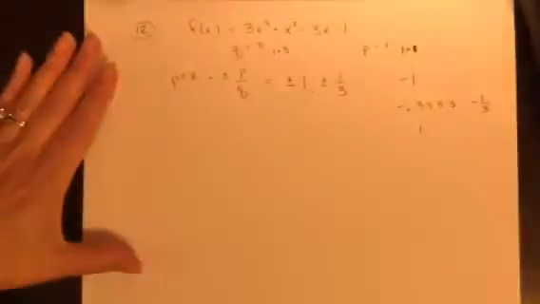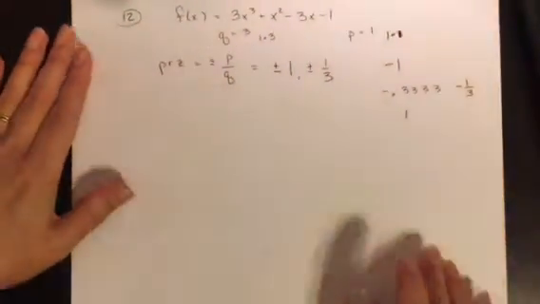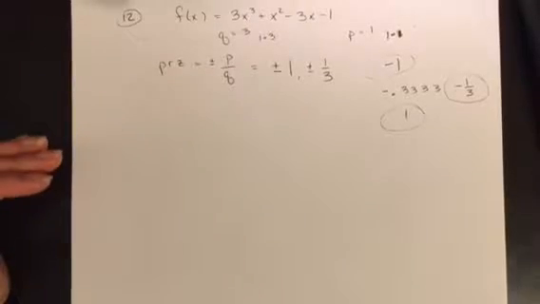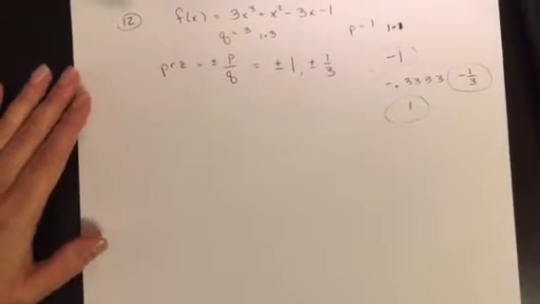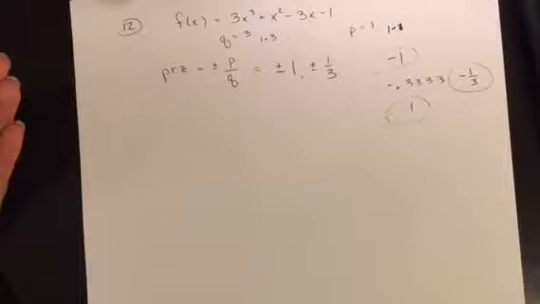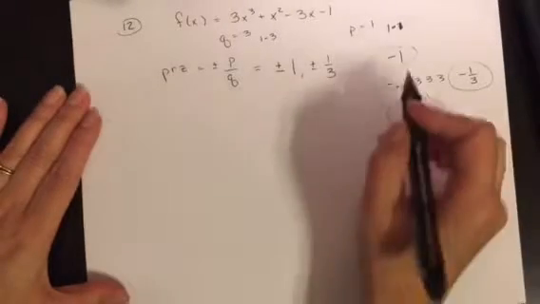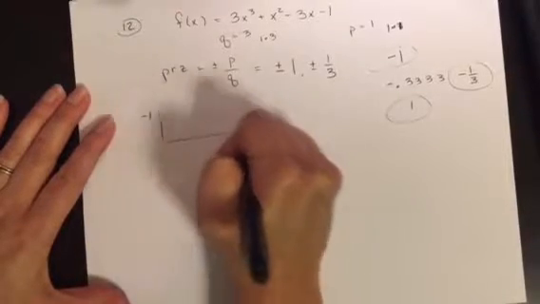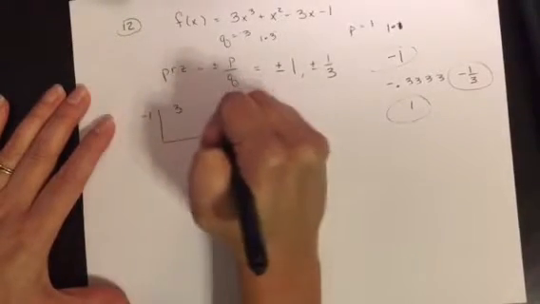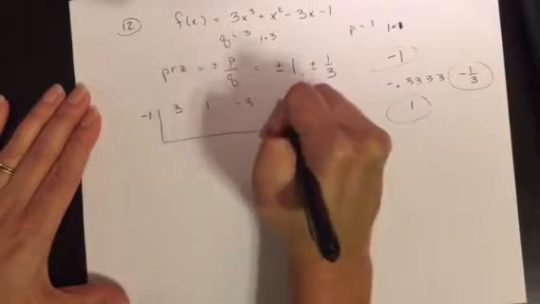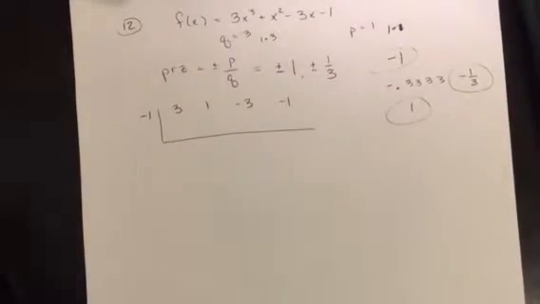All right. So this problem is a little different because I have 3 rational roots instead of just 1 rational root. So I'm going to need to prove each of these using synthetic division. So I'm going to start with -1. So -1, I've got 3, 1, -3, -1.